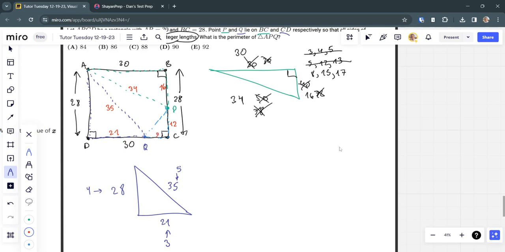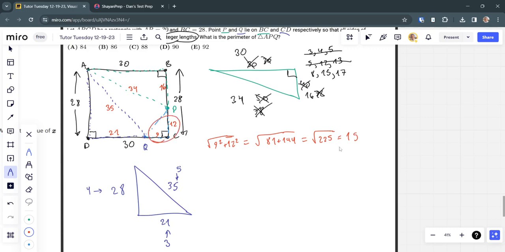And then we can again use the Pythagorean theorem to get this right here. It would be the square root of 9 squared plus 12 squared, which is 81 plus 144, or the square root of 225, which is 15.